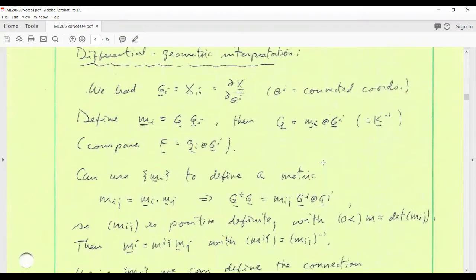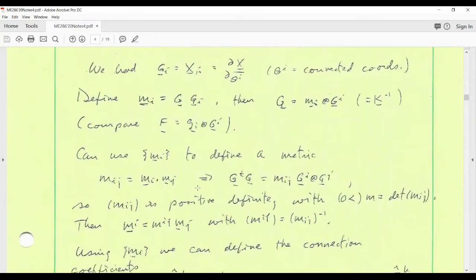Okay, having introduced these vectors, as we did with the small g's, we can use them to define a metric just by taking their dot products. A symmetric metric m sub ij associated with these vectors that we've induced here. And if we do that, this would be the right Cauchy-Green deformation tensor associated with G instead of F, right?